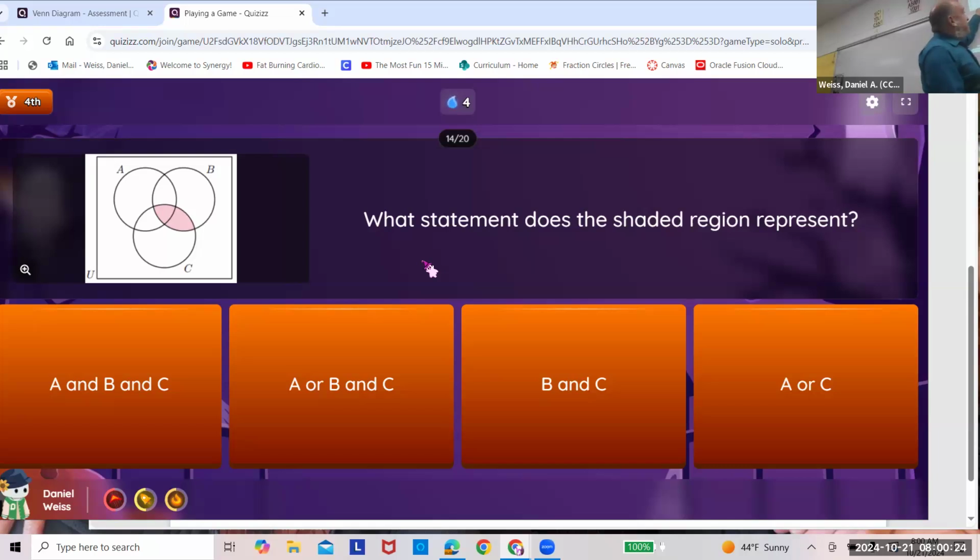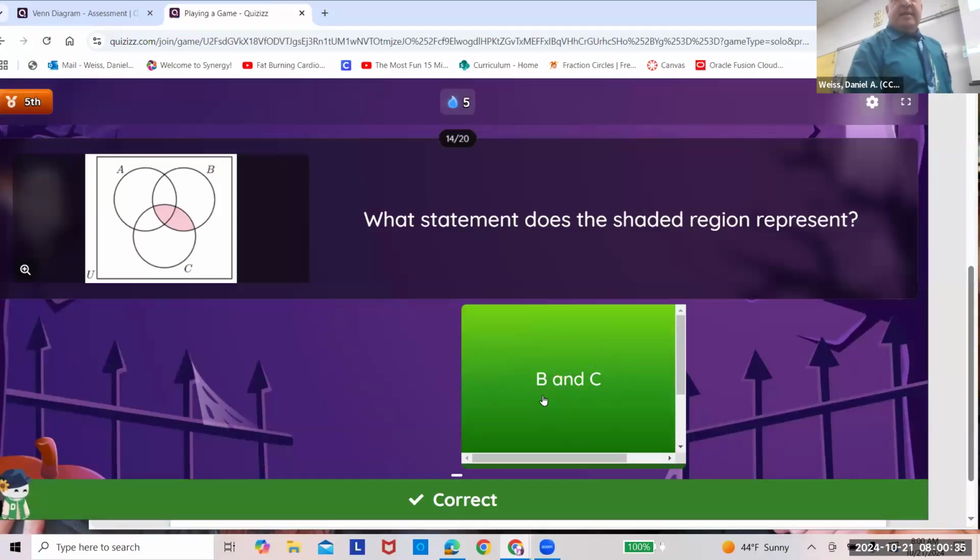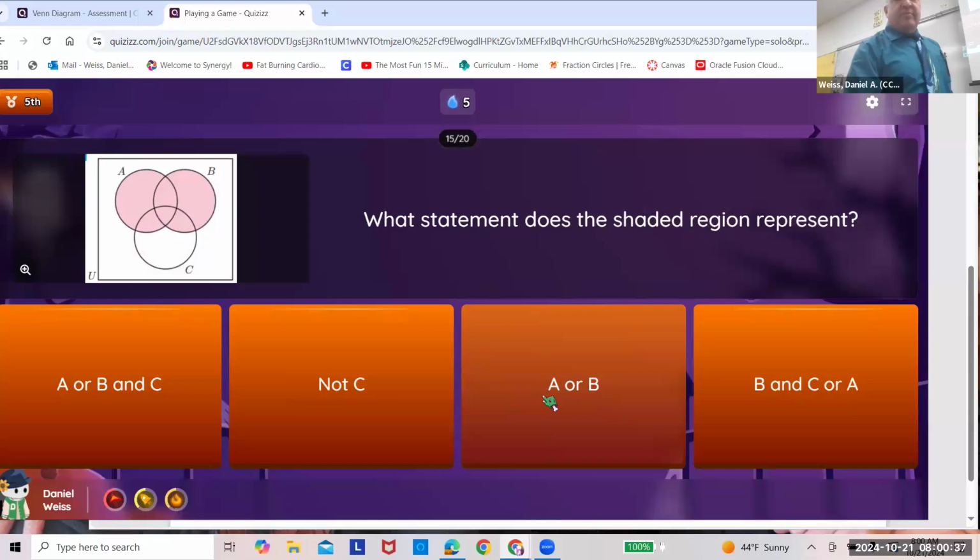B and C would be this here, but A is not included. It should say something about A in there, so that's not good. All right, so this one would be A or B.